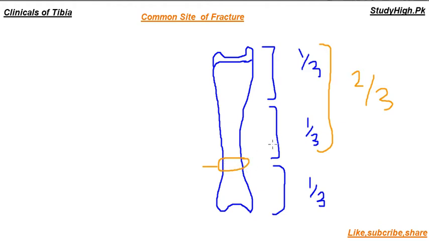So the junction of middle one third and inferior one third, or the junction of the upper two third and lower one third, is the common site of fracture for tibia bone, because this part of the tibia has very poor blood supply.